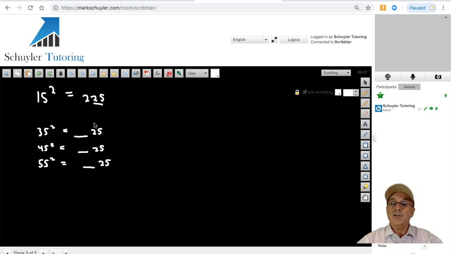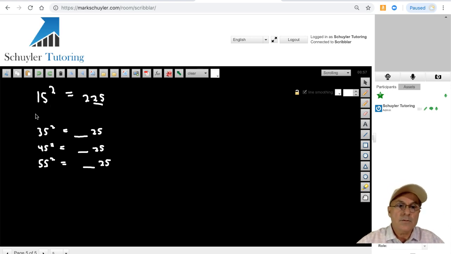So here's the procedure to figure out the number that comes in front of 25. Look at the 1 in 15. Let's multiply it against the number that comes after 1 on the number line, obviously the number 2. So 1 times 2, 225. That's where the answer came from.